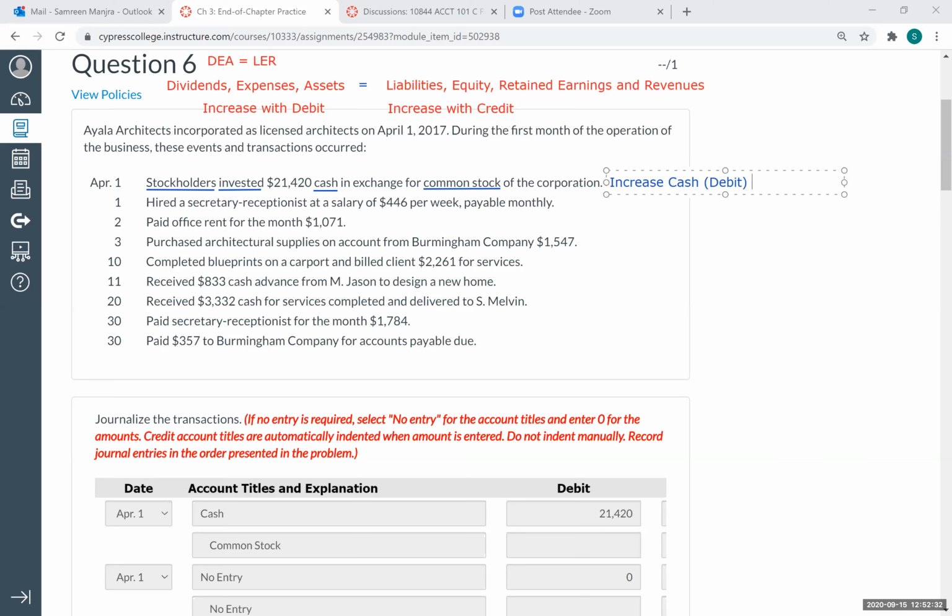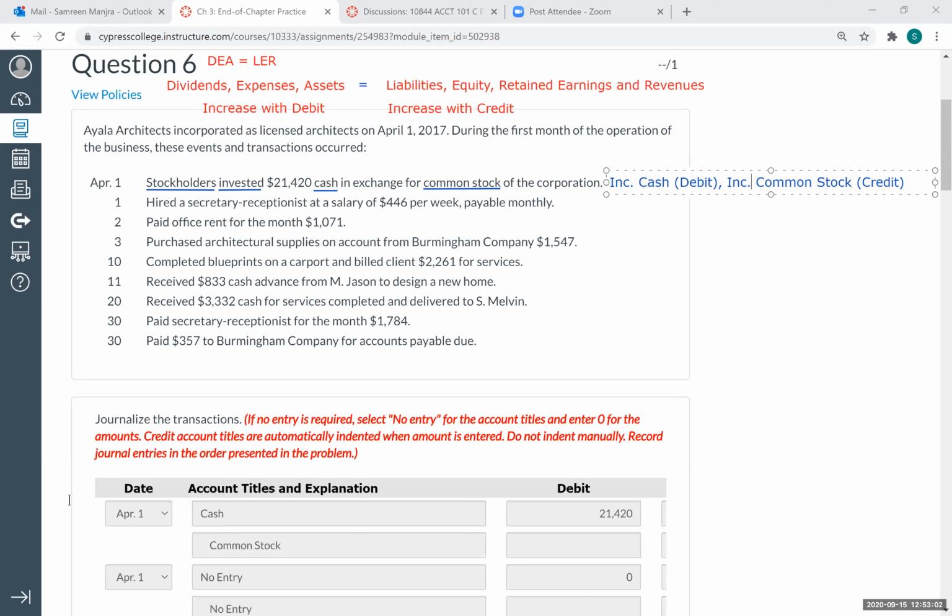That corresponds with an increase in common stock, which is an equity account, and that will be a credit. I'll be abbreviating increase with INC, so that we have enough room to include all of our transactions.